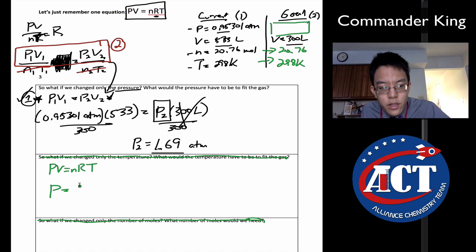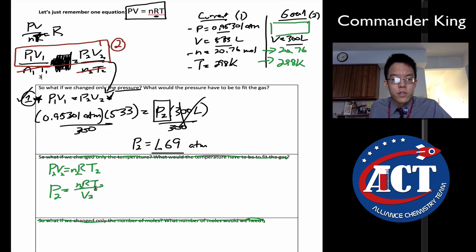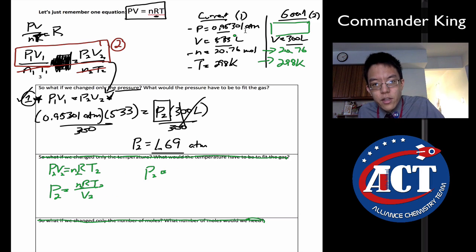So I say, hey, this is pressure. I'm going to move the volume to the other side, and I'm going to call this P2 because everything now is not what it was originally. This is a new situation where everything is getting to the goal of 2. All right, so now I should be able to plug in everything like I had before.